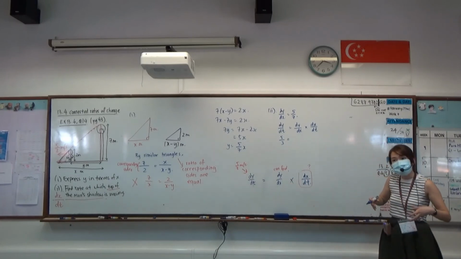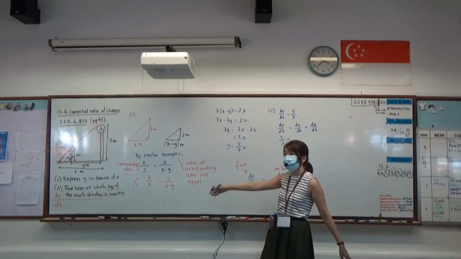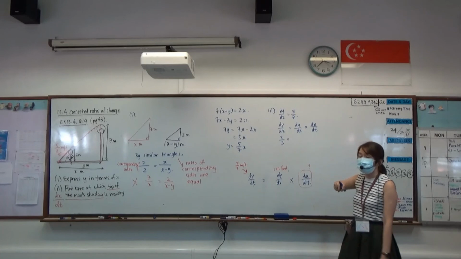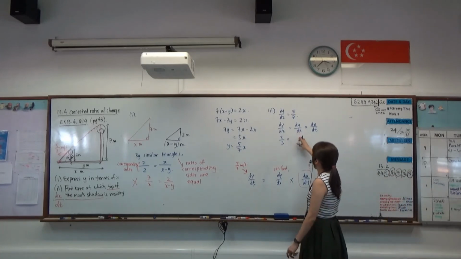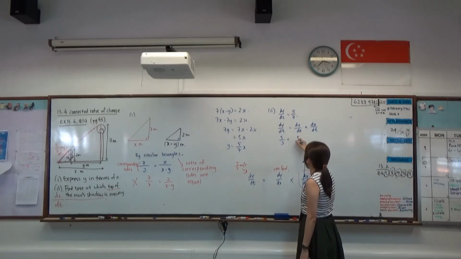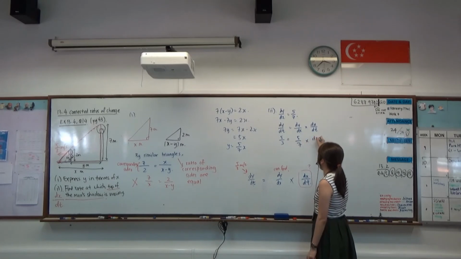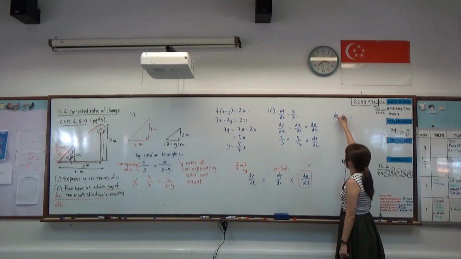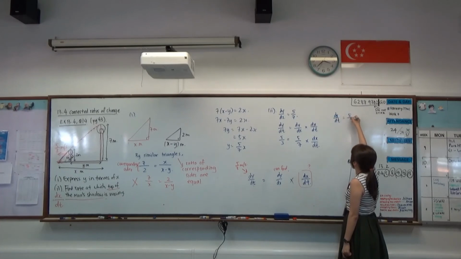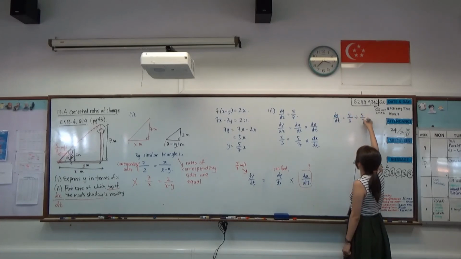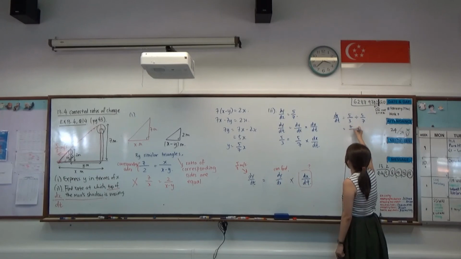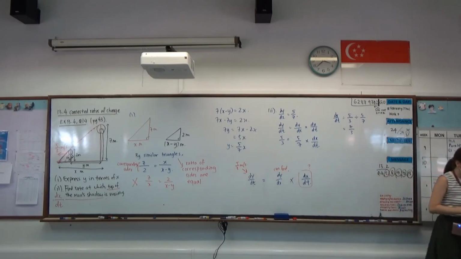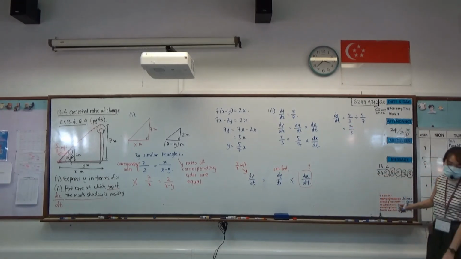By the way, the man is walking away, so the distance is increasing, that's why it's a positive number. So 5 over 3 equals 5 over 7 times dx over dt. And our dx over dt will be 5 over 3 divided by 5 over 7. So that gives us 7 over 3, that is 2 and 1/3.